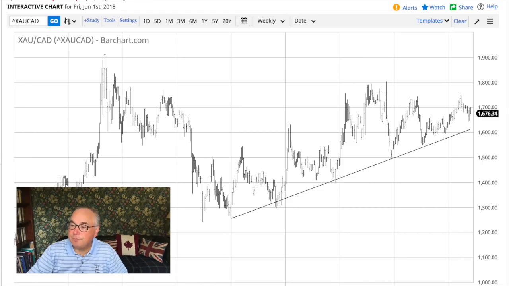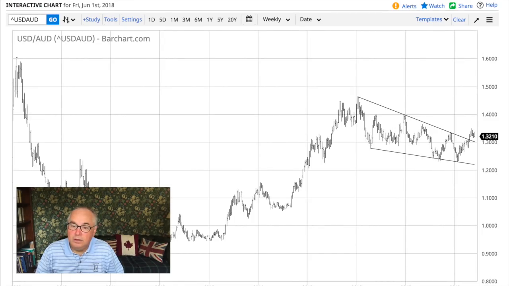To finish off, last but not least, the Aussie dollar, looking very similar to the Canadian dollar. Teacup and handle here, and it looks like we've broken up already, but it's not definite.